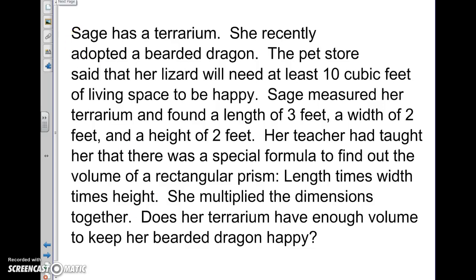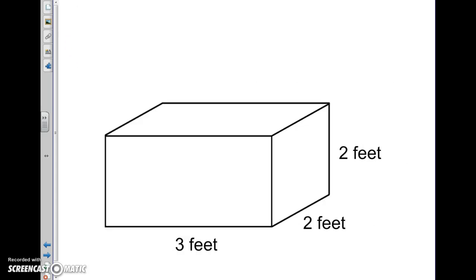So, in order to answer that question, we are going to have to find the volume of her terrarium. So remember, she measured the length, the width, and the height, the 3 dimensions of her rectangular prism terrarium, and it was 3 feet long by 2 feet wide by 2 feet high, or tall.